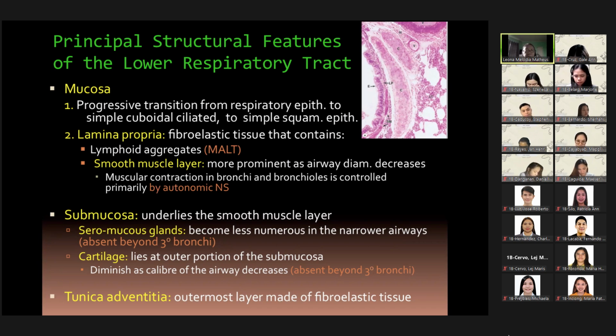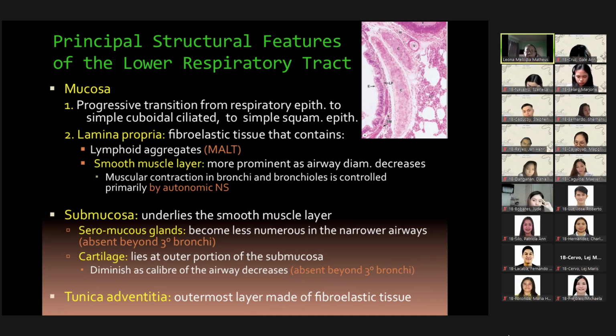Now, going to the submucosa, the submucosa is immediately underneath the smooth muscle layer. Here, what will we find? There are 2 things. The first one is your seromucous glands. Note that beyond the tertiary bronchi, you don't see glands anymore. There are no glands beyond your tertiary bronchi.